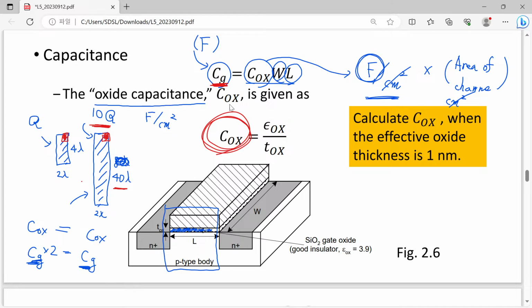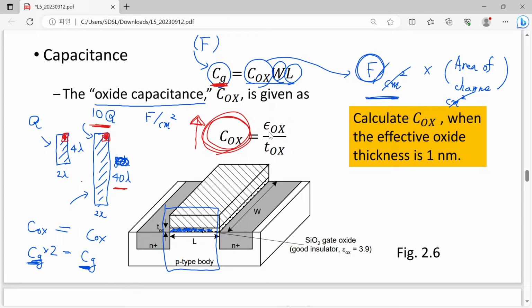So it is important to increase Cox itself. Otherwise, although you have a wide one, when you apply the same gate voltage, your channel will have the same areal density of electrons or holes.